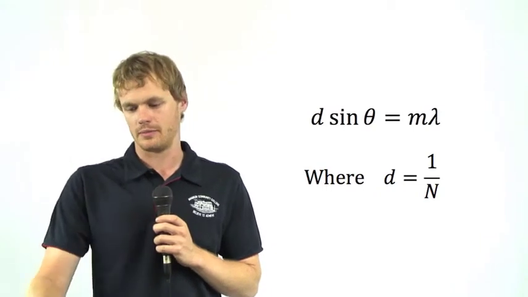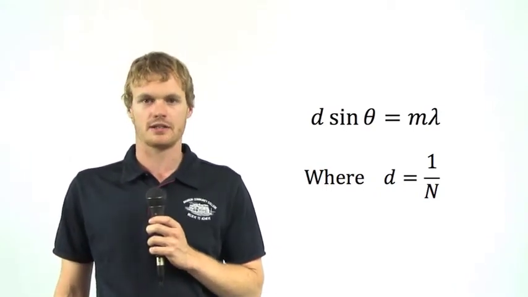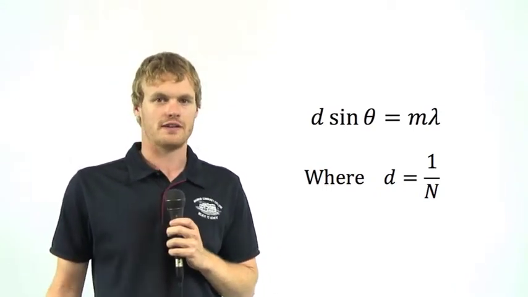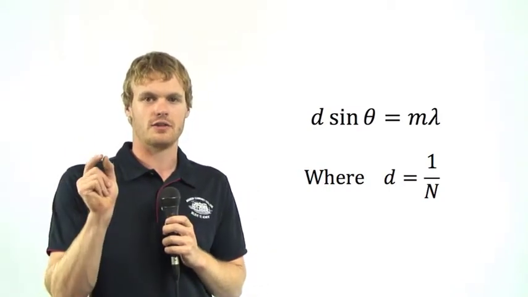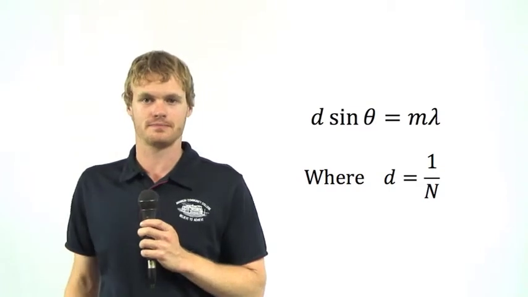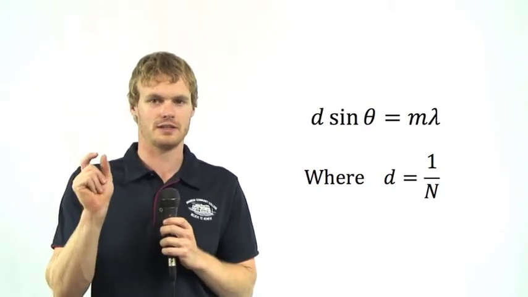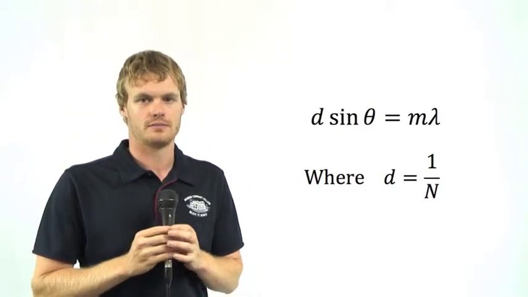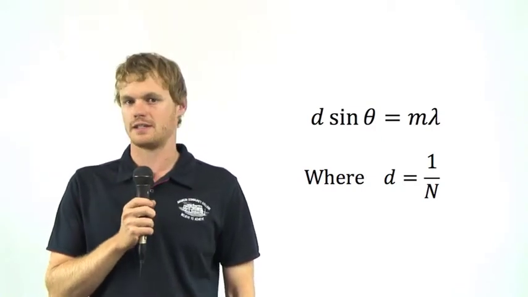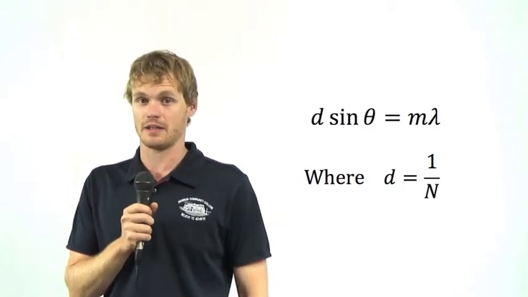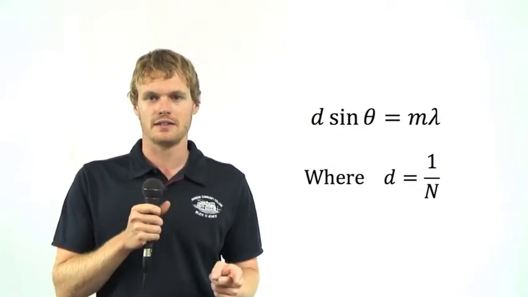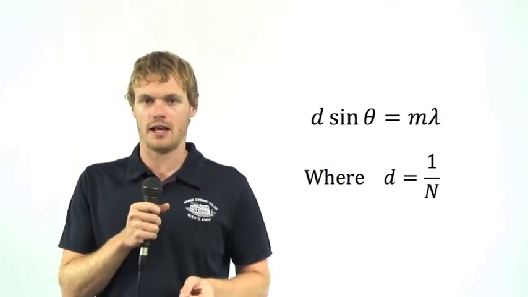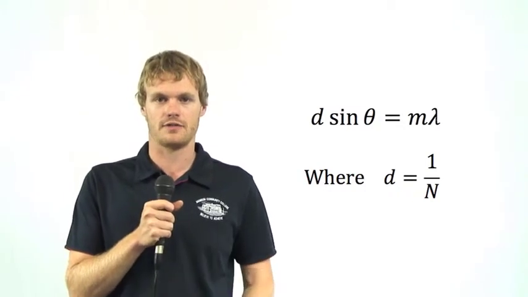So in the case of my 600 lines per millimetre, you're going to have 1 divided by 600 to get the spacing of one slit, so the distance between one slit and the next. That's one thing you need to remember: the difference between the double slit and the diffraction grating is that your d is going to be 1 over N, N being the number of slits in your diffraction grating.